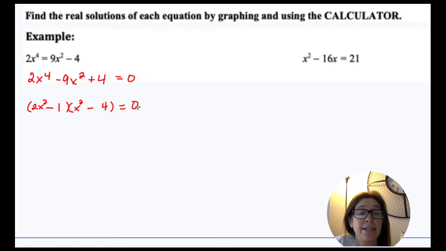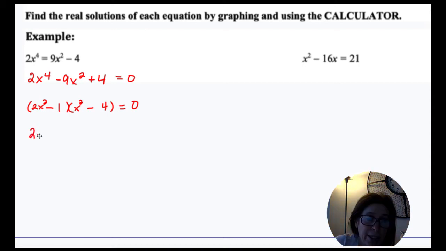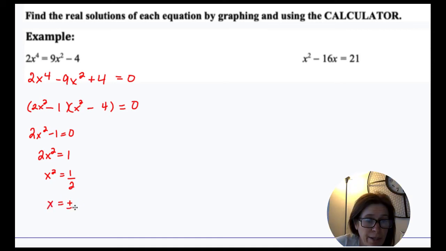So then I can see that I can use the zero product property and set these equal to 0. And so x equals plus or minus the square root of 1 over 2, which is 1 all over root 2, which is root 2 over 2.